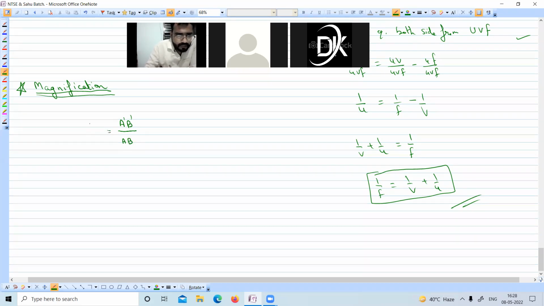So I can even write this as I, capital I means size of image, capital O means size of object. In your books you will see that it is height of image upon height of object. Generally students forget which is to be written in the numerator and denominator. So for simplification, this is my pattern of writing I upon O. I will always be in the numerator and O always in the denominator, which gives you M. M is the magnification. Okay, is it clear?